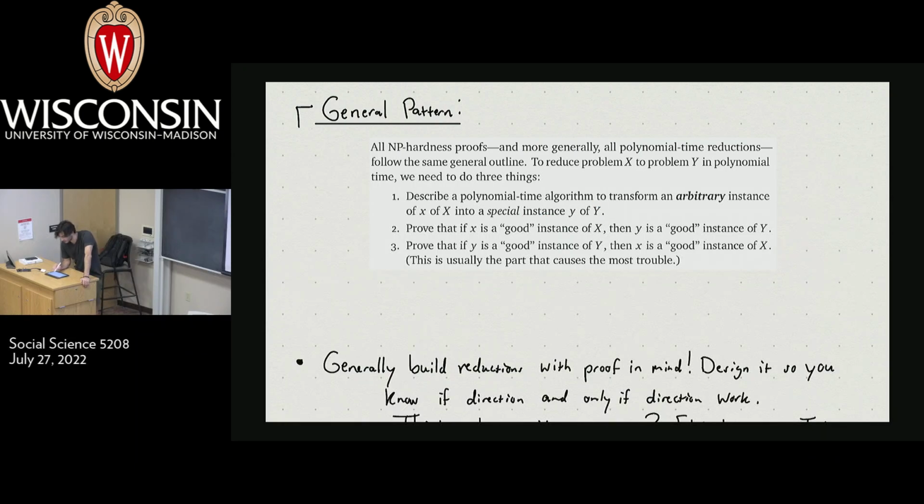So this would be turning the 3-sat formula phi into this special graph we made. Then we have to prove if x is a good instance, so if it's satisfiable, then the graph we constructed has an independent set. And if y is a good instance, so it has an independent set, then we knew that the formula was satisfiable.